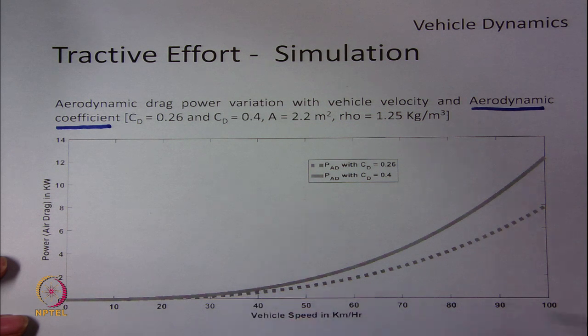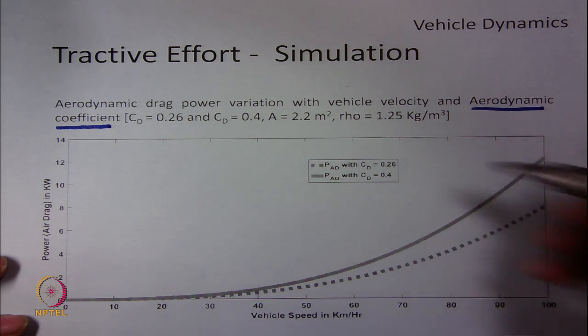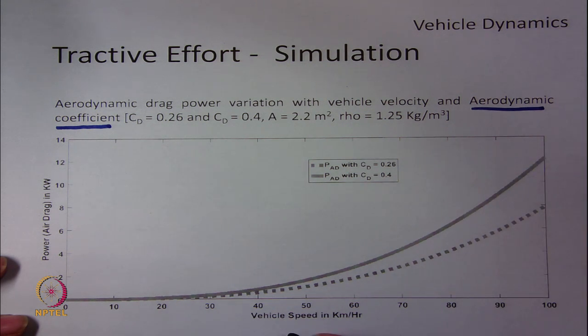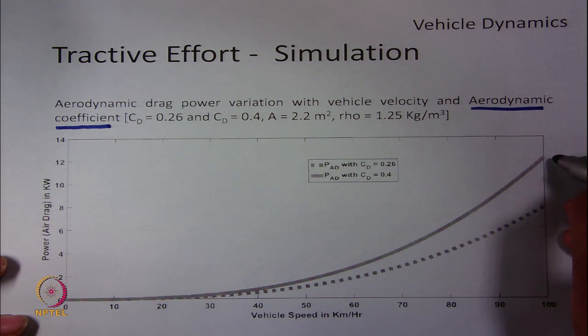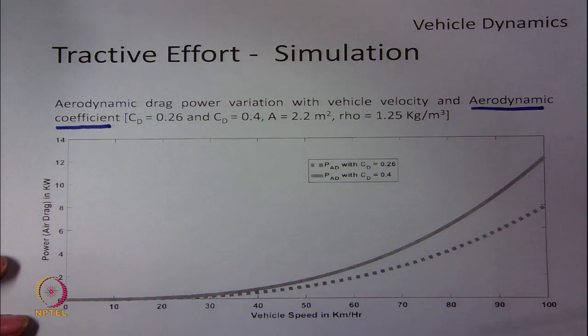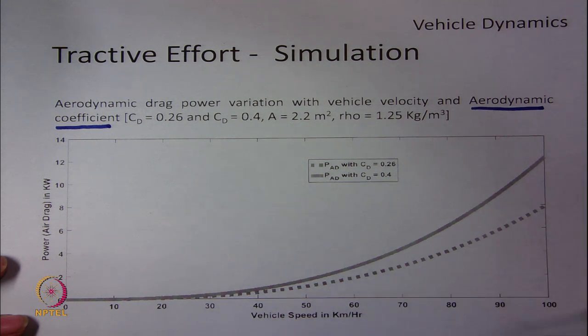So, if we take this example, we can see that if we increase the C_D from 0.26 to 0.4, the amount of power needed increases from 8 kilowatt, which we need when the C_D is 0.26, to around 12 kilowatt when we are operating with a C_D of 0.4. So, we need to support an extra 4 kilowatt power if we are running at 100 kilometer per hour.